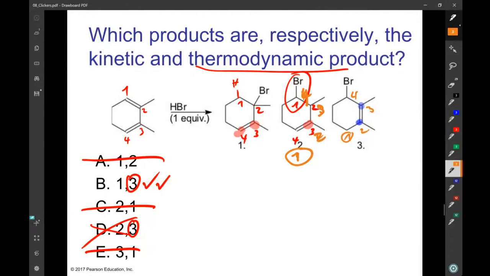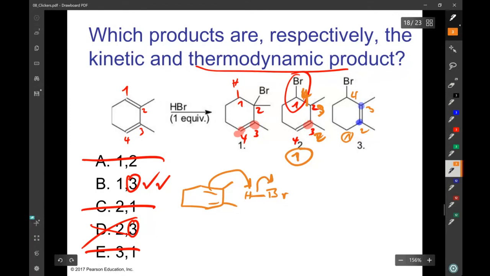Okay, can you show the mechanism to get number 3? The mechanism to have number 3, if you do the mechanism of this reaction, so that's what you have, right? That's your carbocation.